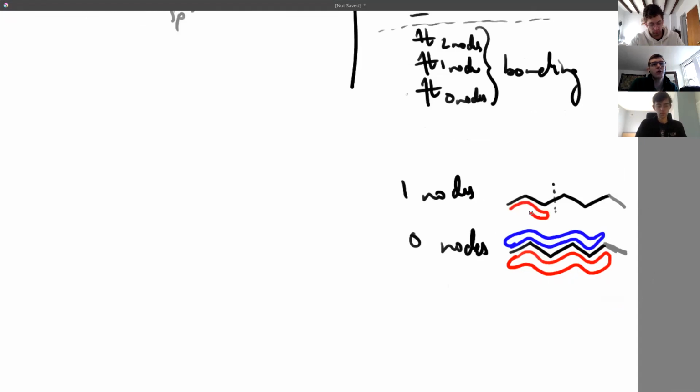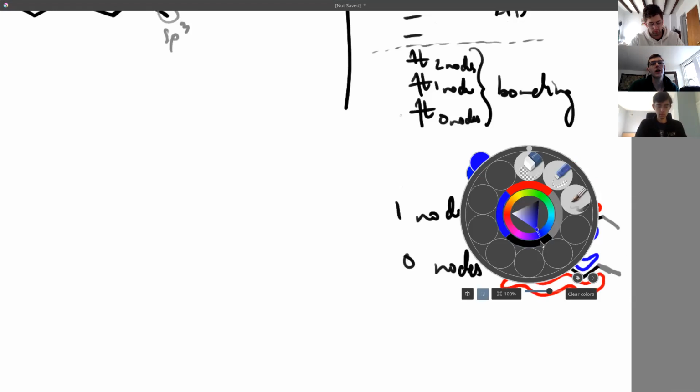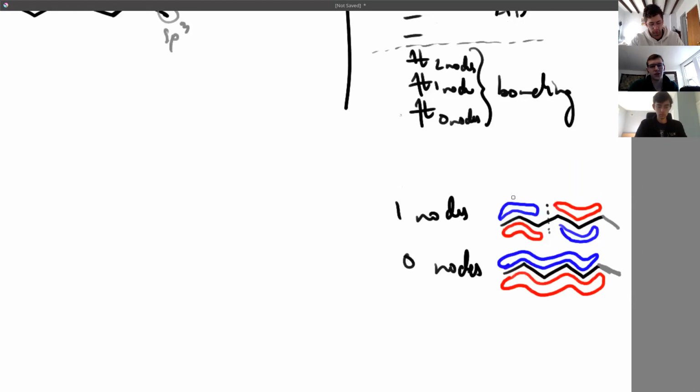Except once we hit that node, we flip signs. Or in my case, colors, because I'm using colors. Okay, so there we go. Let me get sloppy. Okay, cool. And then you can go up and do 2, 3, and all those nodes, right? Okay, great. This is old news. This is like 3 weeks ago or something, or like ages ago, who knows.